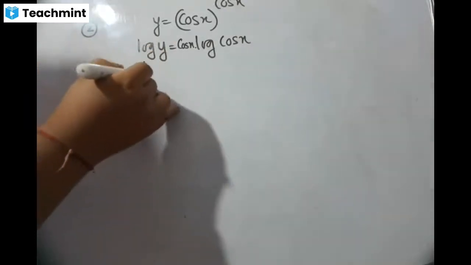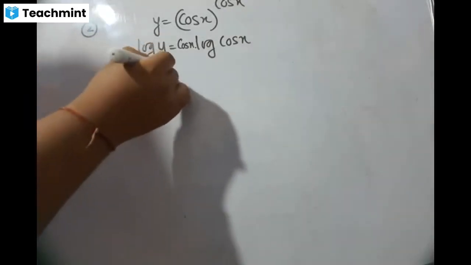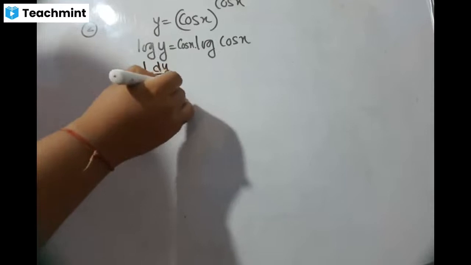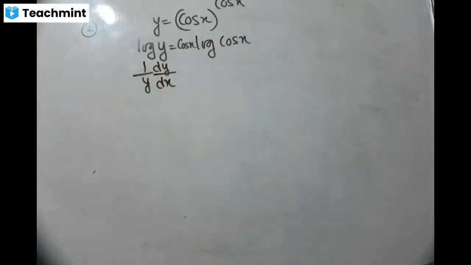The derivative of log y is 1 by y, and since it is y, you write dy by dx. Some students find it confusing as to when to write d by dx and when not to. Please keep in mind that in an equation there will always be two variables. For one you have to write it and for the other you don't.